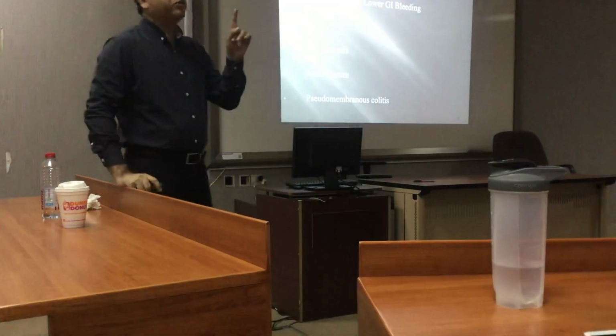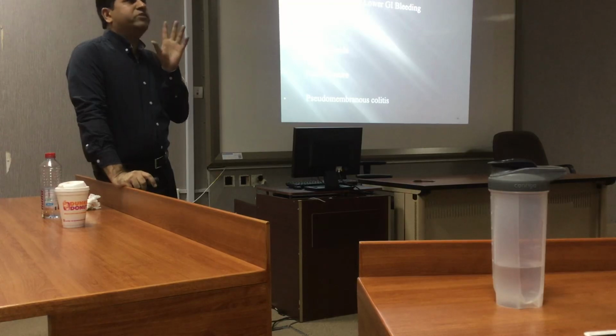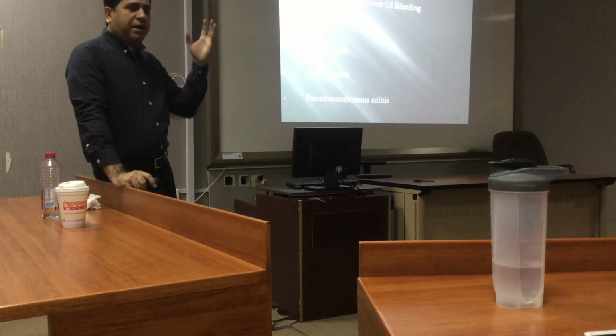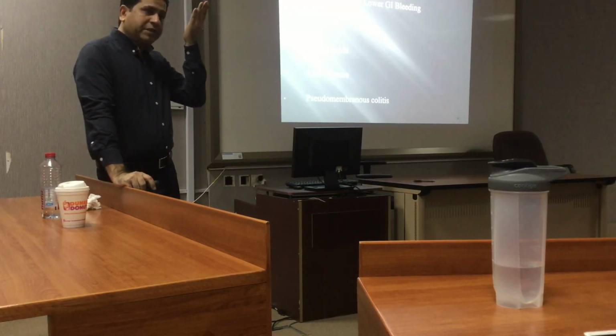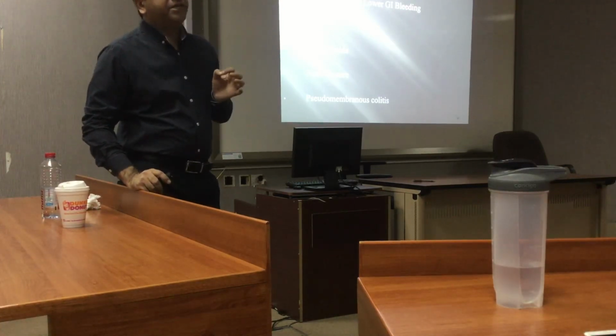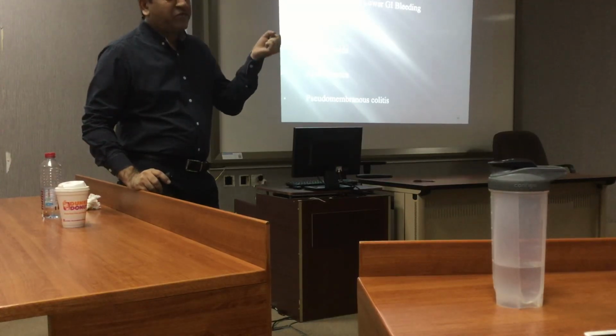You must differentiate, because every day we come across patients with bleeding per rectum, and we have to differentiate between hemorrhoid and anal fissure. In uncomplicated hemorrhoid, there is usually no pain, because internal hemorrhoid comes from columnar epithelium. So there is painless bleeding. But in case of anal fissure, there is painful defecation.